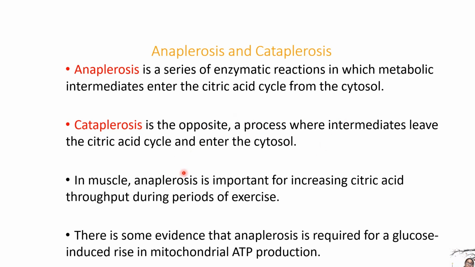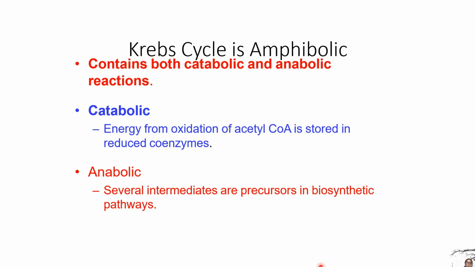In muscle, anaplerosis is important for increasing citric acid cycle throughput during periods of exercise, and there is some evidence that anaplerosis is required for a glucose-induced rise in mitochondrial ADP production. So, the Krebs cycle is amphibolic. It contains both anabolic and catabolic reactions.